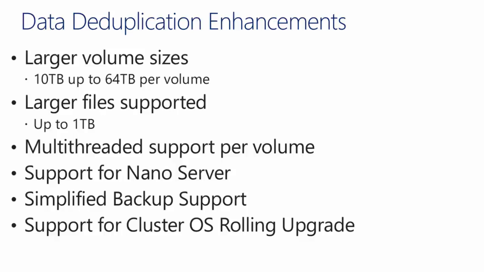You'll also find now with data deduplication in Server 2016 that there's a third option for what type of volume you would like it to deduplicate. In the past, the first one was general purpose file server. Then in Server 2012 R2, the VDI scenario was also added, and now you've also got backup server supported as well. So it has slightly different behaviors around different types of files that it will work with by default based on which of those selections you choose.